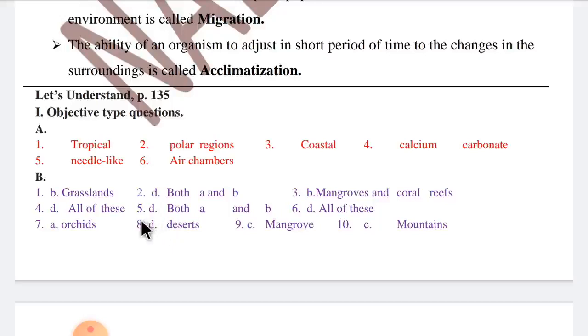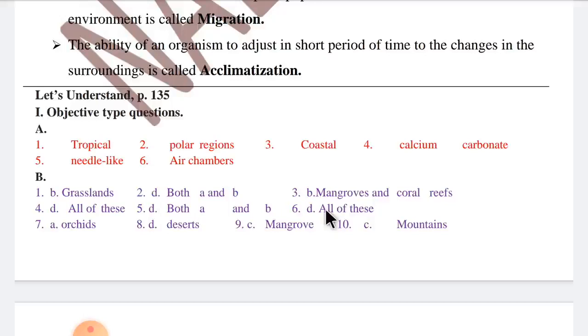Let's see the fifth one: which of these adaptations helped a camel to survive in a desert? The correct answer is both A and B, means long eyelashes and ear hair, and broad feet and hump.